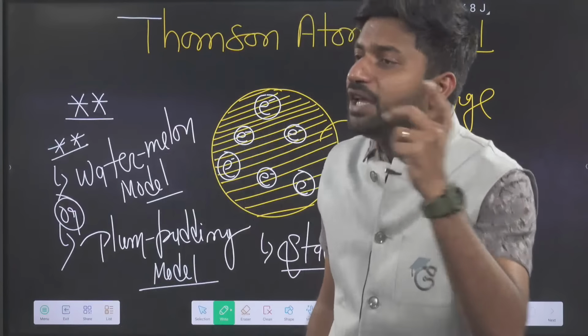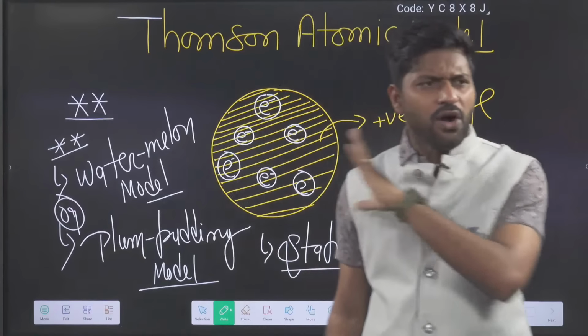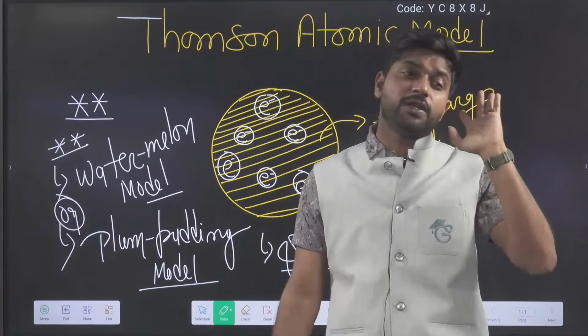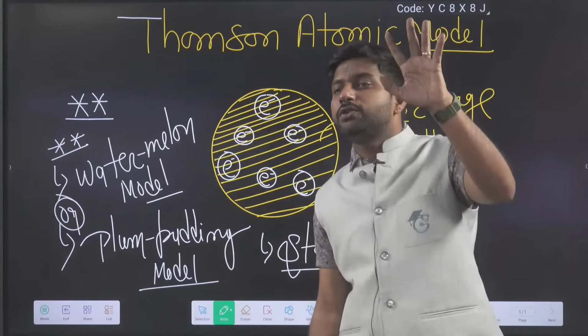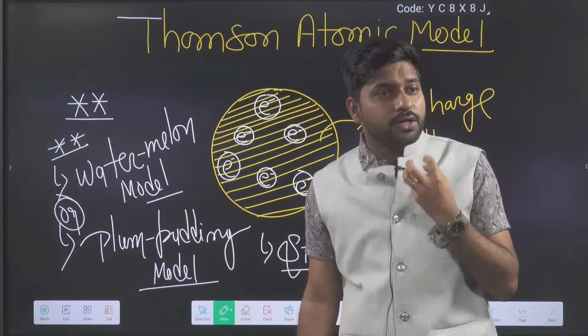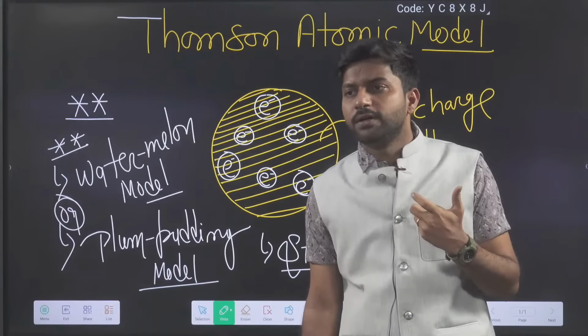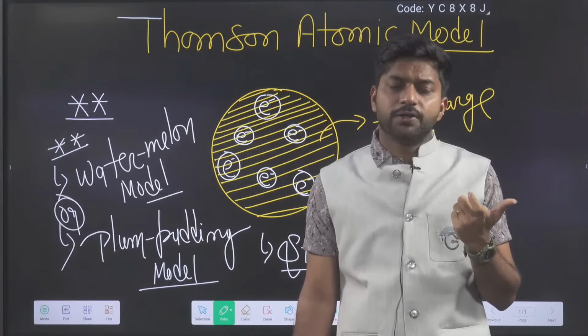What is the benefit? Because this is a totally wrong model, but it is explaining one thing very accurately. Anyone want to say what the benefit is? Stability, about electrons.